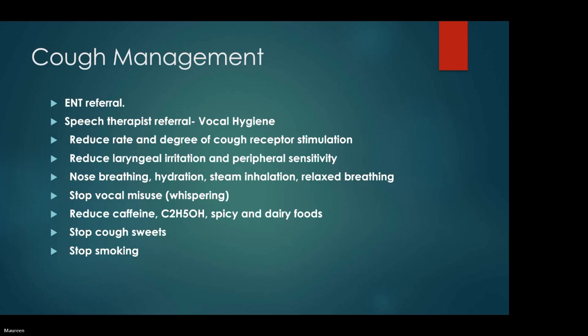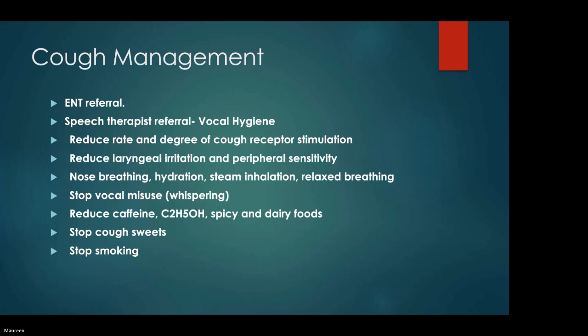The speech and language therapists talk about vocal misuse, where people that are inclined to cough don't want to speak loudly, so they get into a pattern of whispering, which therefore will impact on the tension in their vocal cords. You should reduce caffeine intake. It's associated with spasm in the airway.